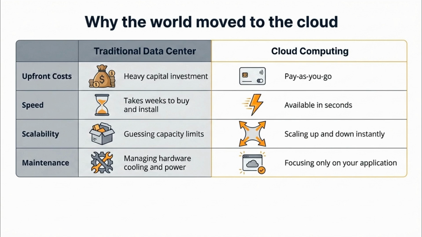Likewise in cloud computing, as you can see, you only need to focus on your application, nothing else. You don't need to know what is going on in the background, or what my hardware is doing, nothing like that.